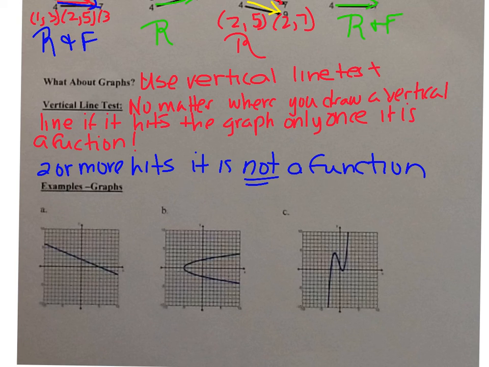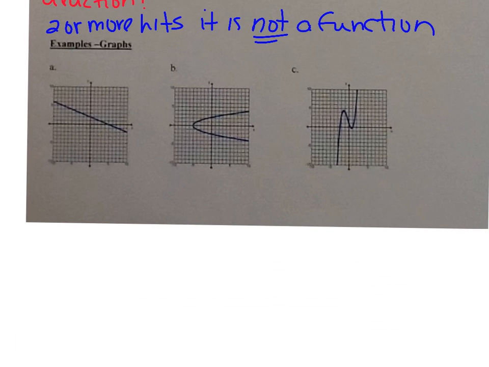Okay, so let's take a look at the examples. All right, so look at number 1. It's a line. So no matter where I draw a vertical line, it's always going to hit this graph. Always will hit it just one time. This is a relation and a function. All right, take a look at B. I could draw a vertical line here.